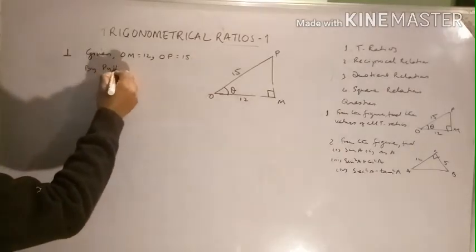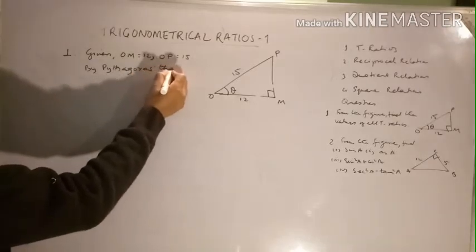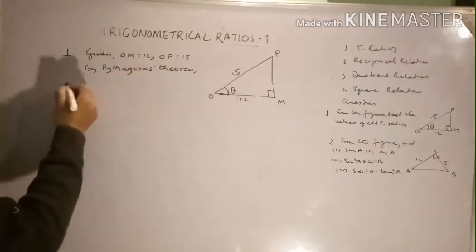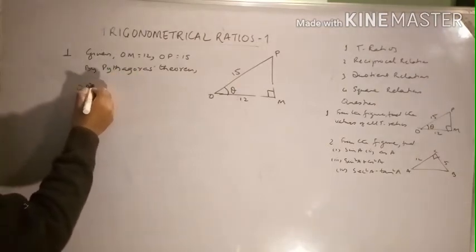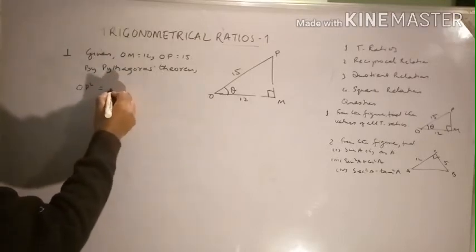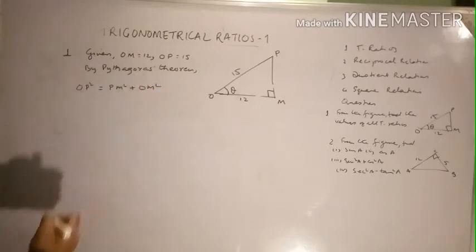By Pythagoras theorem, the longest side square, meaning hypotenuse square, is equal to the sum of the squares of the other two sides, that is PM square plus OM square.